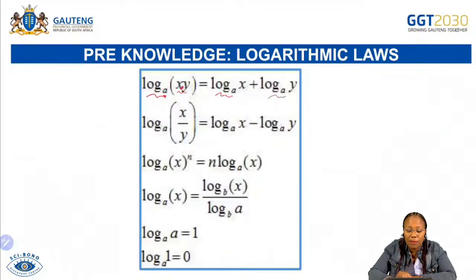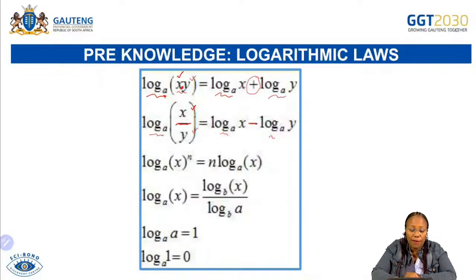If they are multiplying, they will add. That will be the log of x base A plus the log of y base A. So if you are dividing inside a single log, you'll have two logs, but because of division, this will be subtracting: the log of x, which is the top one, minus the log of y.